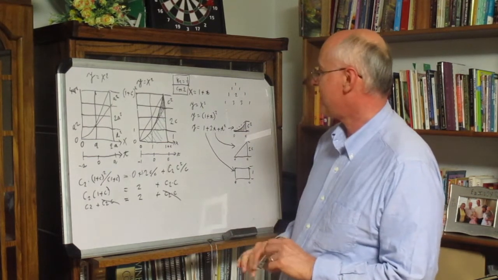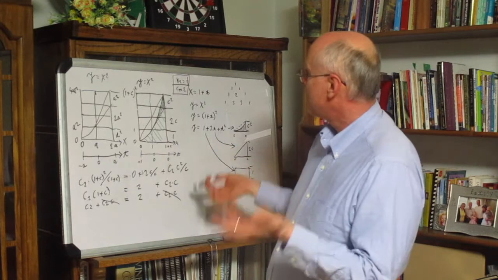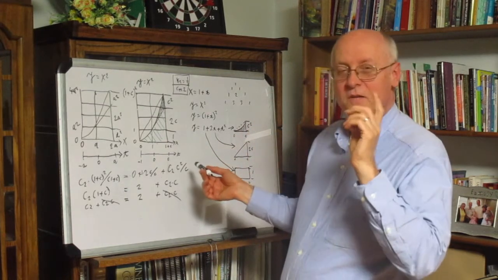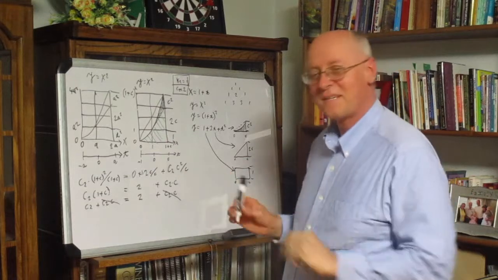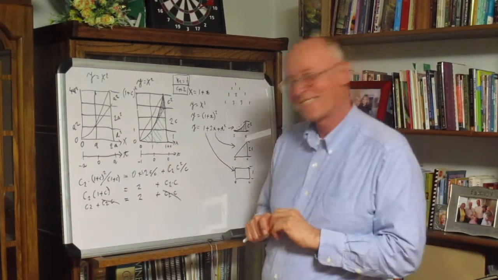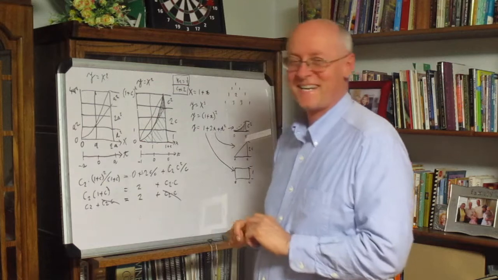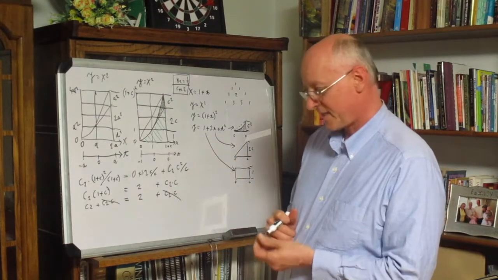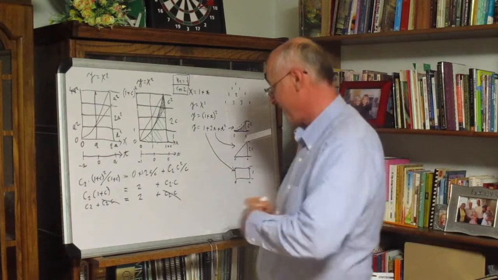Y equals x squared. We're doing the areas and also the slopes, something that Professor Wahlberger didn't do. But I had some time to think about it. I had plenty of time. And again, our approach is unique.